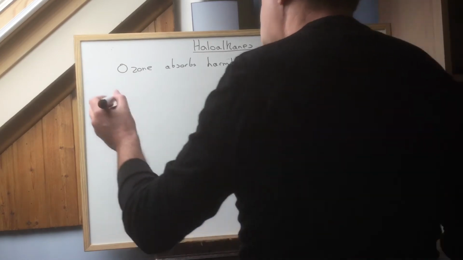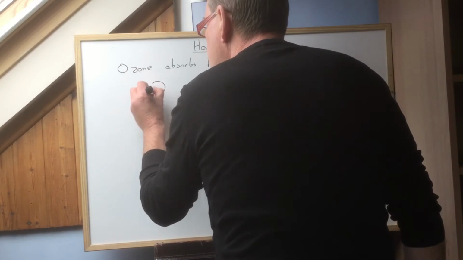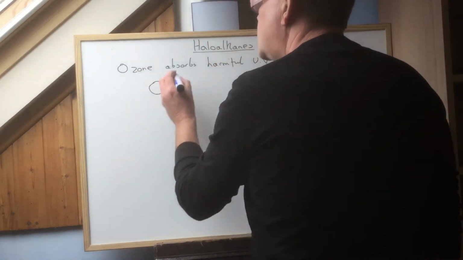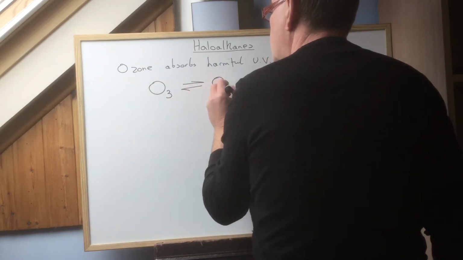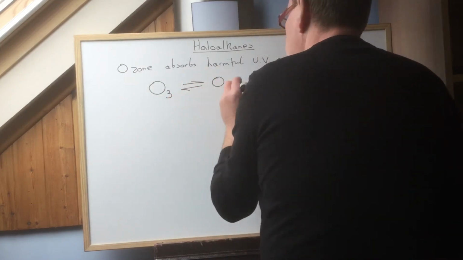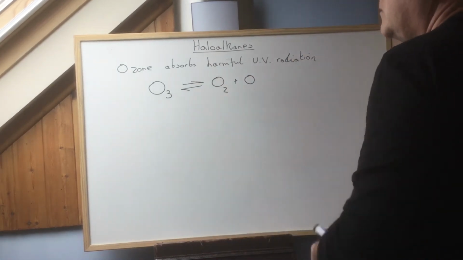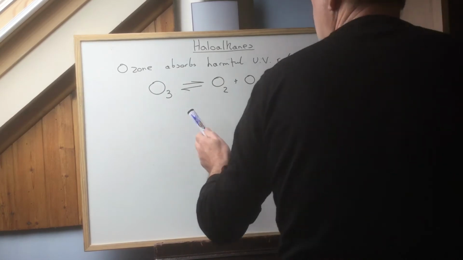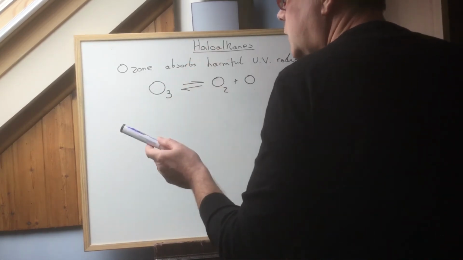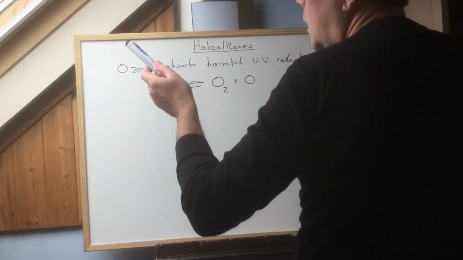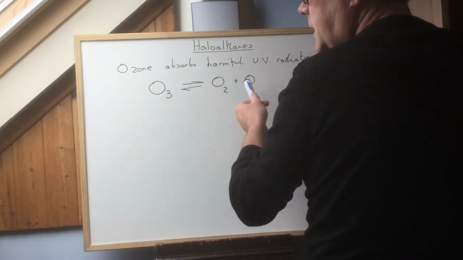And it exists up there in an equilibrium situation, where ozone, O3, is continually in equilibrium in the upper atmosphere with oxygen, O2, and an oxygen atom, O. Now that equilibrium means, according to Le Chatelier's principle, that it maintains the concentration. That is a specific question that gets asked. How is the concentration of the ozone in the atmosphere maintained?